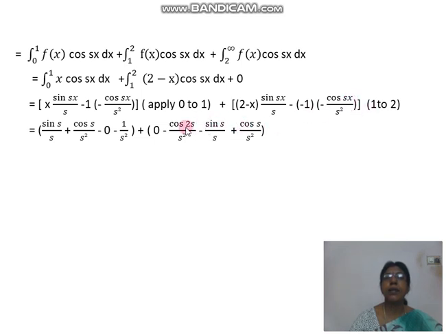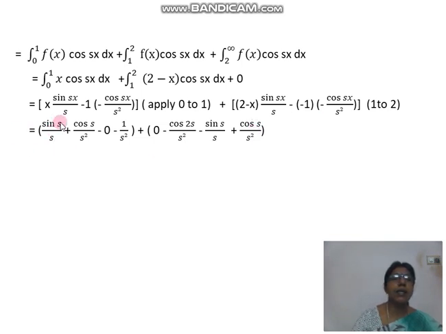Next, minus, substitute 1: minus 2 minus 1, sin s into 1, that is sin s by s. Next, minus of minus cos s into 1, that is cos s by s square.